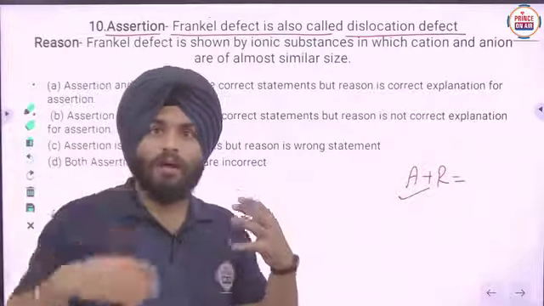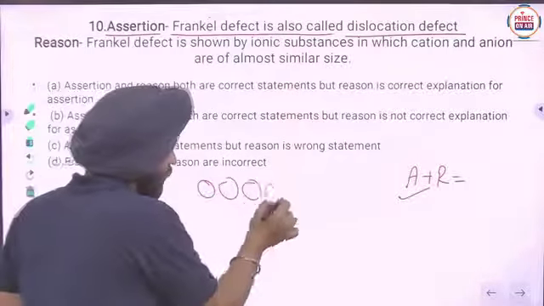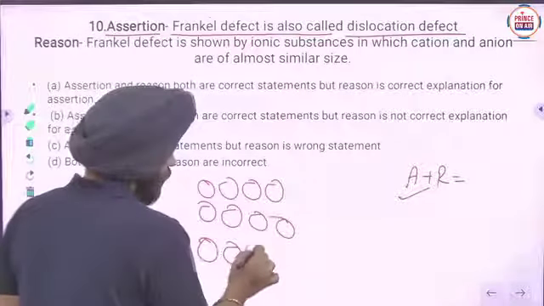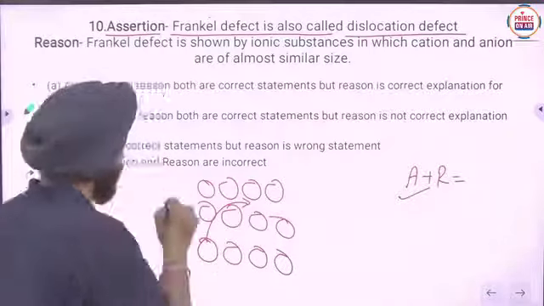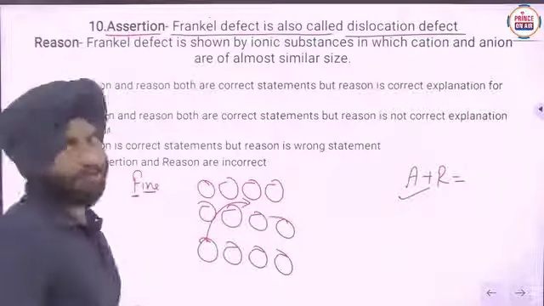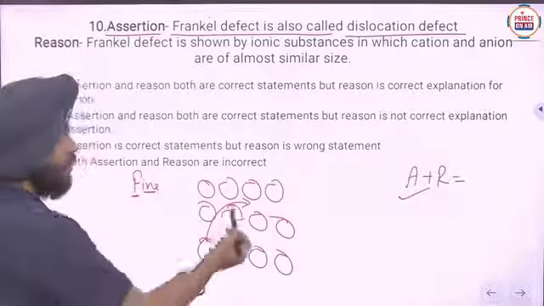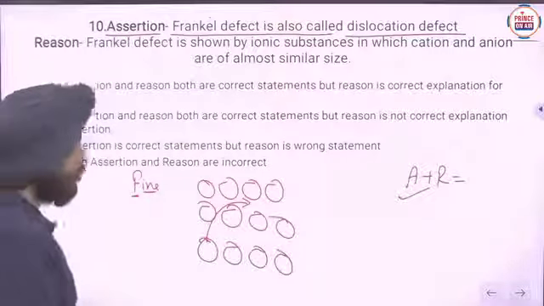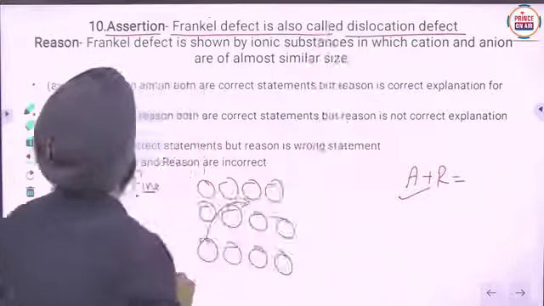Recall the Frenkel defect. In a Frenkel defect, one particle shifts towards the interstitial position. So dislocation occurs. That's why it is called a dislocation defect.